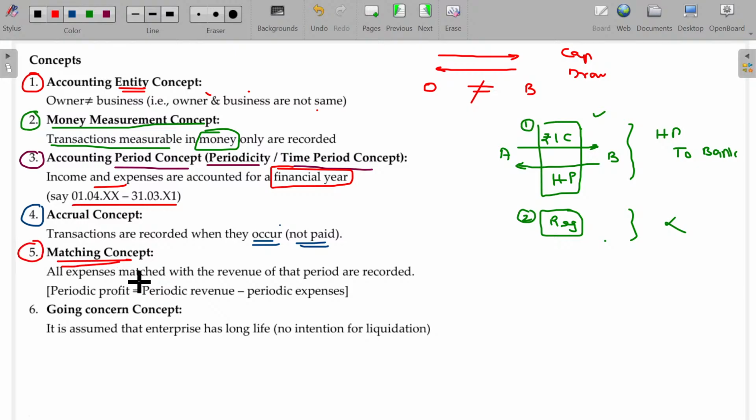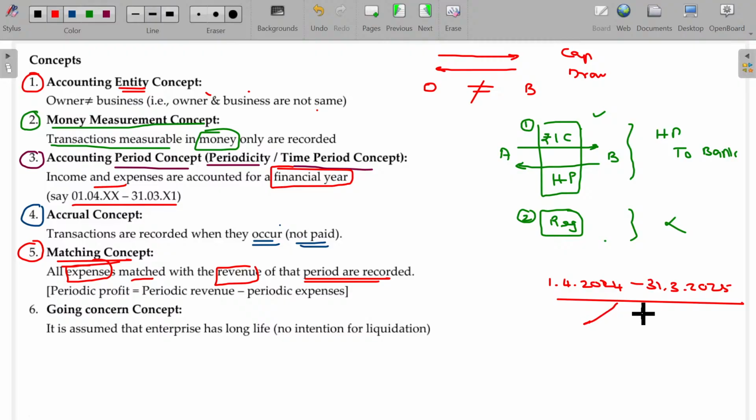So expenses should be matched with revenue of that period. Suppose I am to prepare for 1st April 2024 ending on 31st March 2025. Okay? This is the year. I want to know the income of this period.